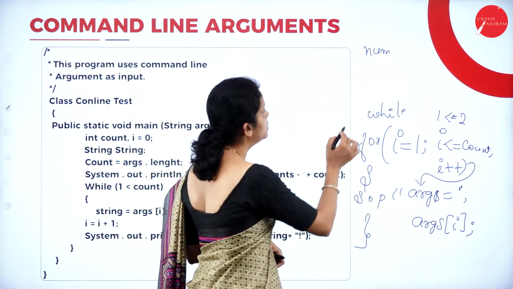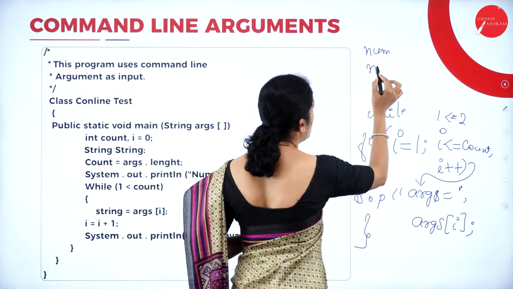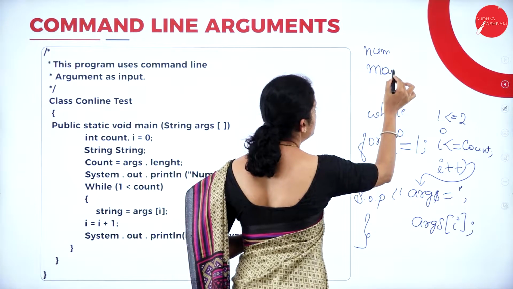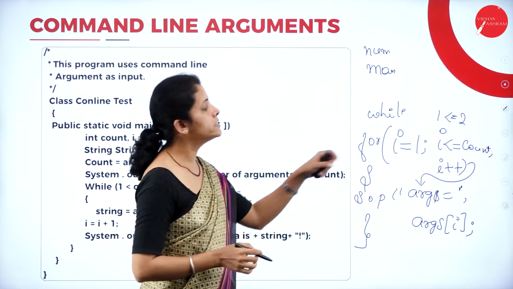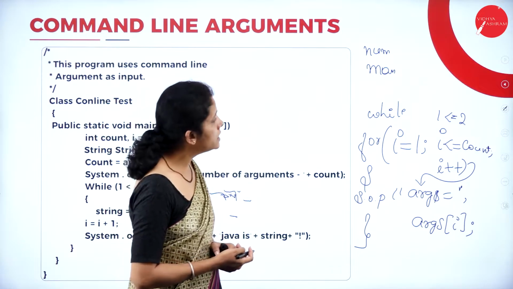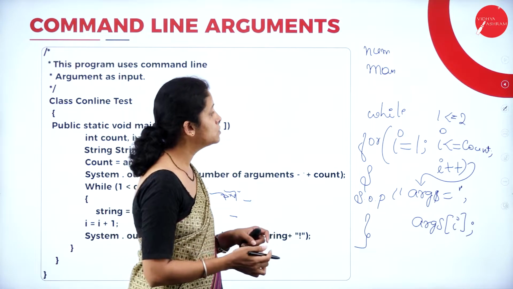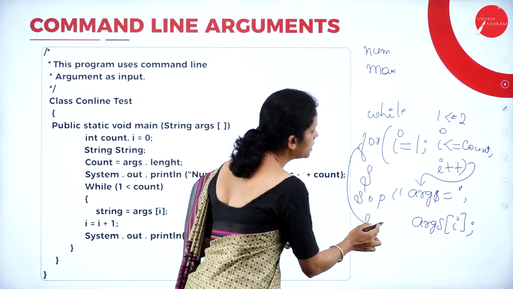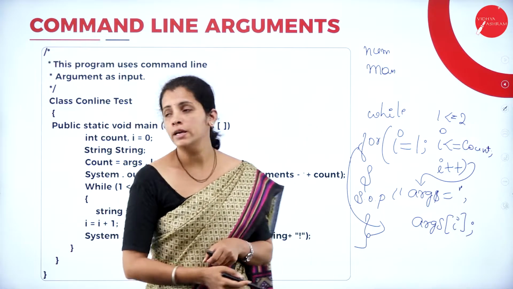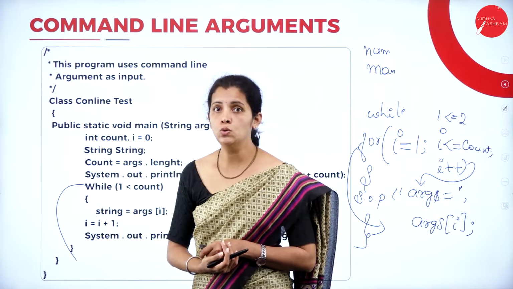So I'm going to print the value, that is the second argument. Now i is incremented by 1. Now i is 3. 3 less than or equal to 2, the condition fails. So the for loop comes out of the loop.